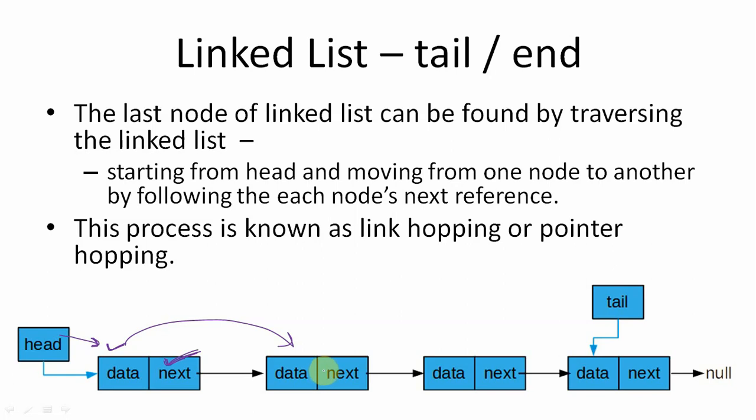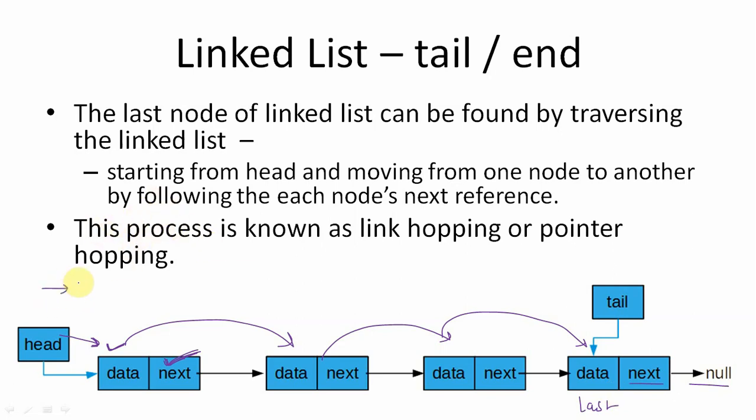If it is not null, you go to the next node. In the same manner you will reach this particular node, and when we check whether next is not null, it will return false. That means this is the last node of the linked list. By this you can also identify the last node, but this process requires visiting every node.